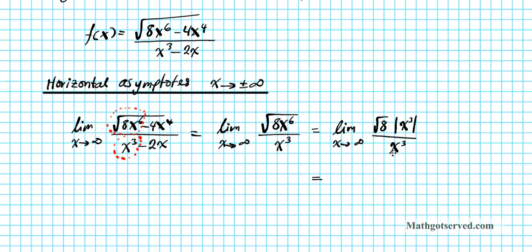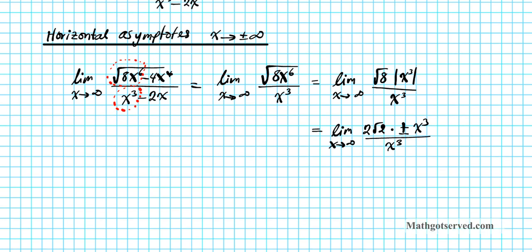Now when we're going to infinity, we know that this absolute value is going to attain a positive sign. Let me show you the steps. Limit as x approaches infinity. Root 8 can be reduced to 2 root 2, times plus or minus x to the third over x to the third. Don't be in a haste to cancel because you don't know what direction it is yet.